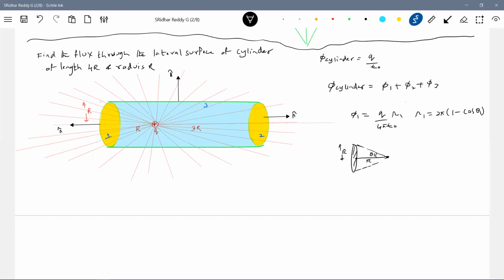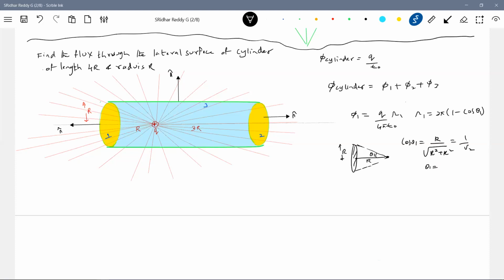So what is theta 1? Cos theta 1 should be equal to R by root of R square plus R square, which is 1 by root 2. So theta 1 will be 45 degrees. Cos theta 1 will be 1 by root 2.